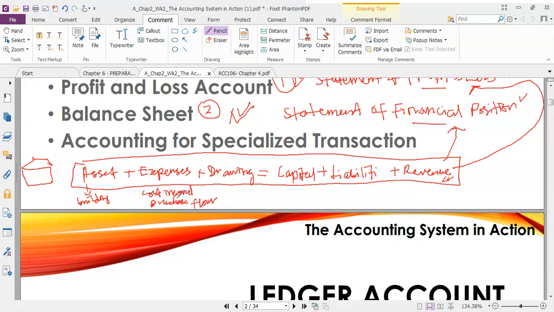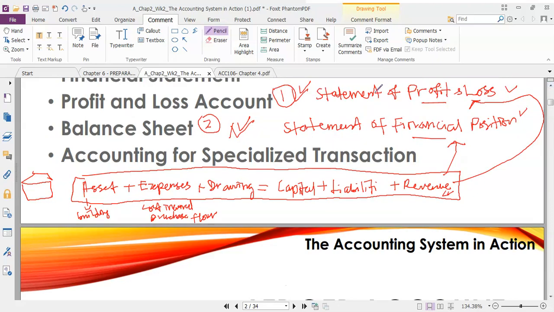So segala apa cost yang kita incur, itu adalah expenses. So elemen expenses kita akan letak dia dekat dalam statement of profit and loss. Kalau asset tadi, for example, building, van, motor vehicle, fixtures and fittings, itu kita akan letak dia dalam statement of financial position.